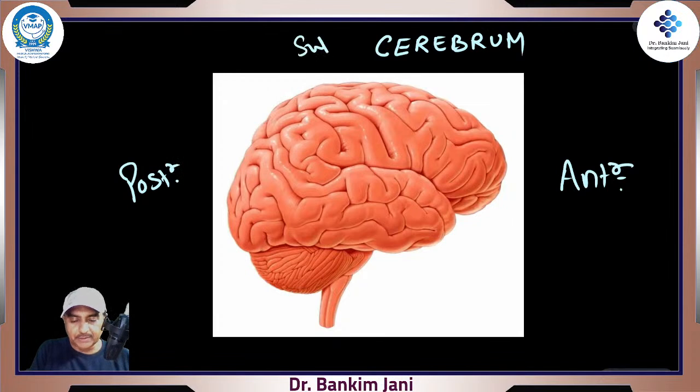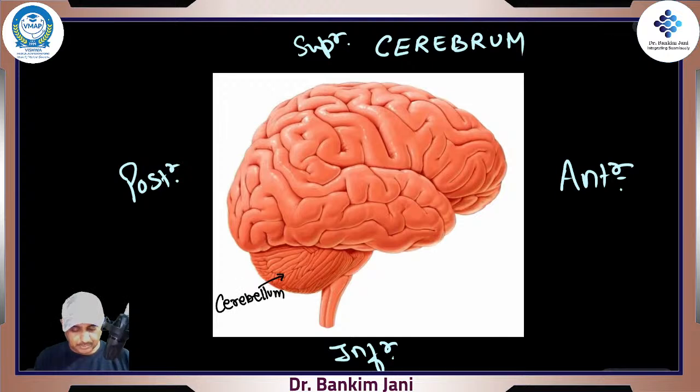This is superior and inferior. That one would be cerebellum. And over here, that's the brainstem. So today we won't be talking much about brainstem or cerebellum, because cerebrum is in the focus.